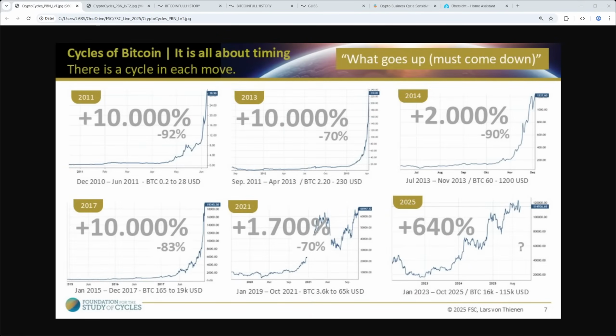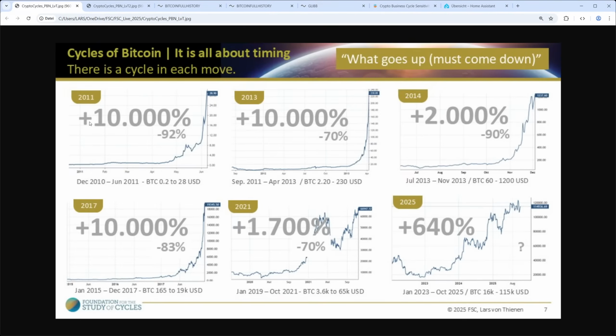All right, let's start with a quick primer first. For those who are not so familiar with the history of Bitcoin prices, let's start in the upper left corner here, 2011.